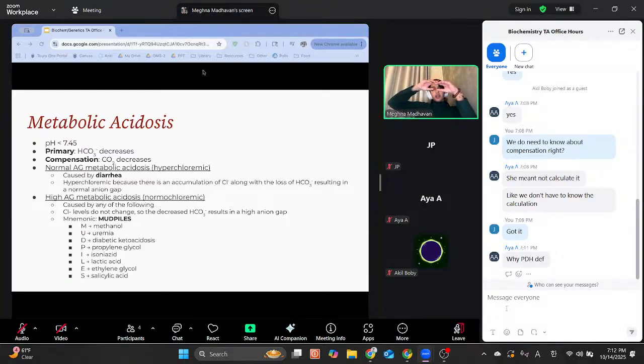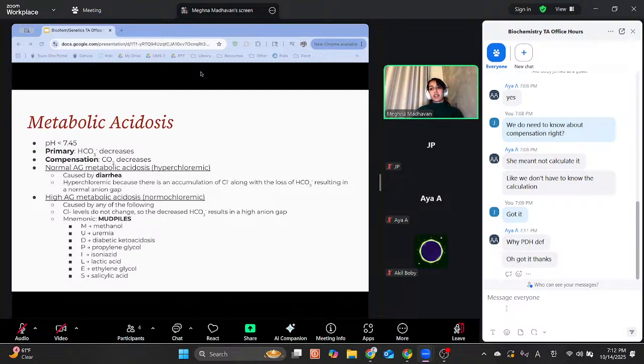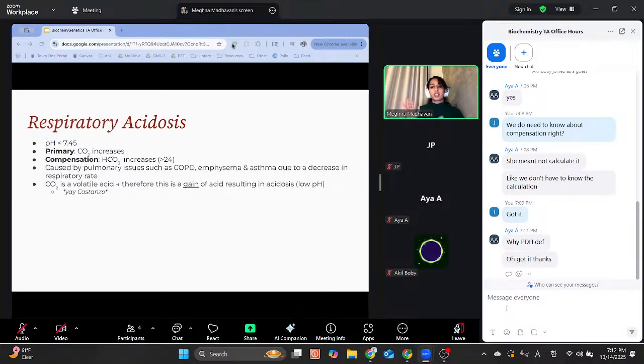So you'll have too much pyruvate and it'll shunt towards increasing lactate and increasing alanine. And then increased lactate causes lactic acidosis. Theoretically, she could put a question with somebody presenting with the symptoms of PDH deficiency and then ask what kind of disease state they would have, and it'd be a metabolic acidosis. Just putting it out there.